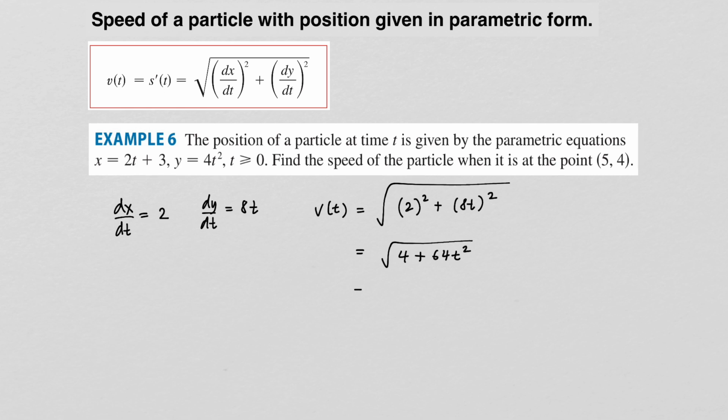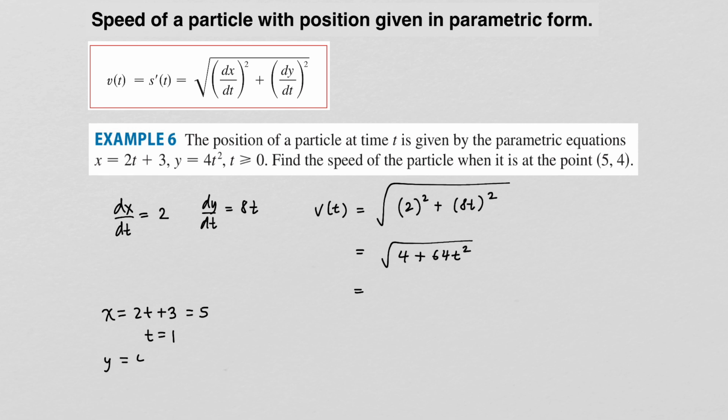So now to get the speed, we need to plug in the appropriate value of t, but we weren't given that. We were given the point x equals 5, y equals 4. We know that x is equal to 2t plus 3, and so if x is going to be equal to 5, we can set this equal to 5 and solve for t. And when we do that, we get t equals 1.